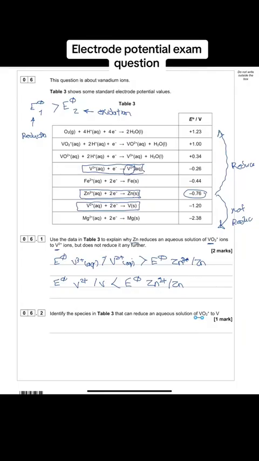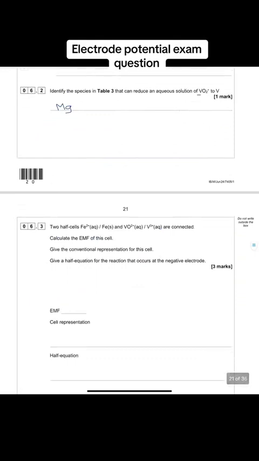You can see that the only one below it is magnesium. So magnesium has a standard electrode potential less than the standard electrode potential for the reduction of vanadium 2+ to vanadium, which means that magnesium can be oxidized and the vanadium can be reduced.